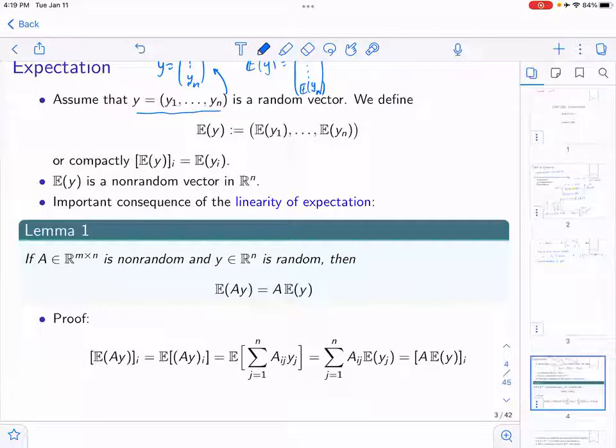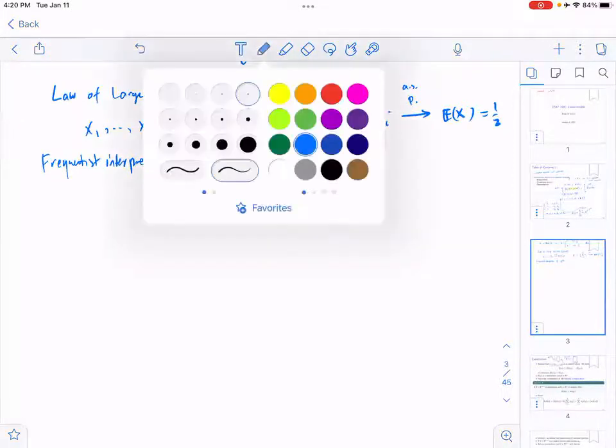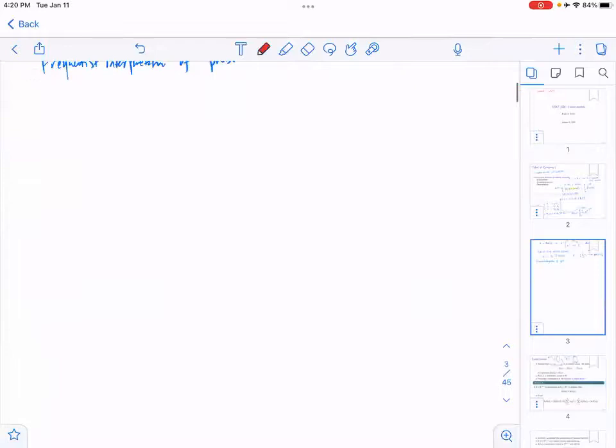Okay, does that make sense to people? So there's a very important property of expectation. It follows from the definition, but we're not going to prove it. Linearity of expectation.